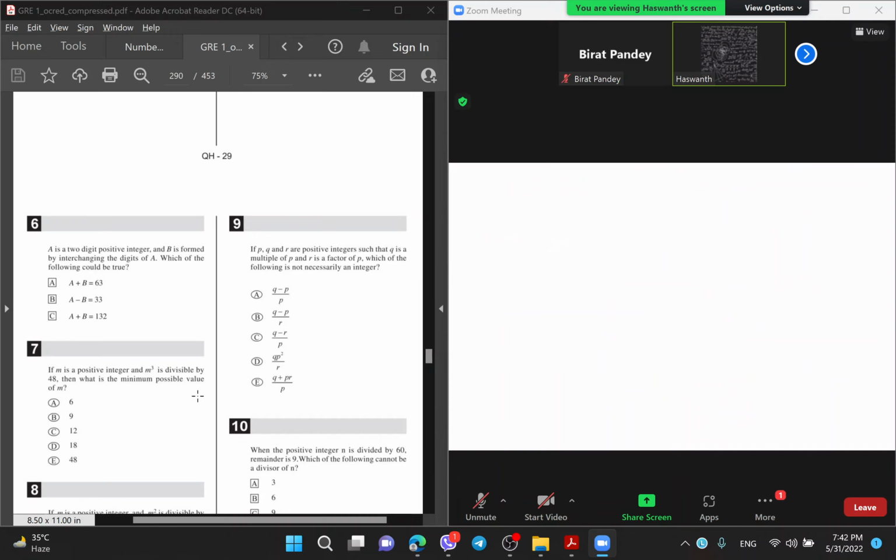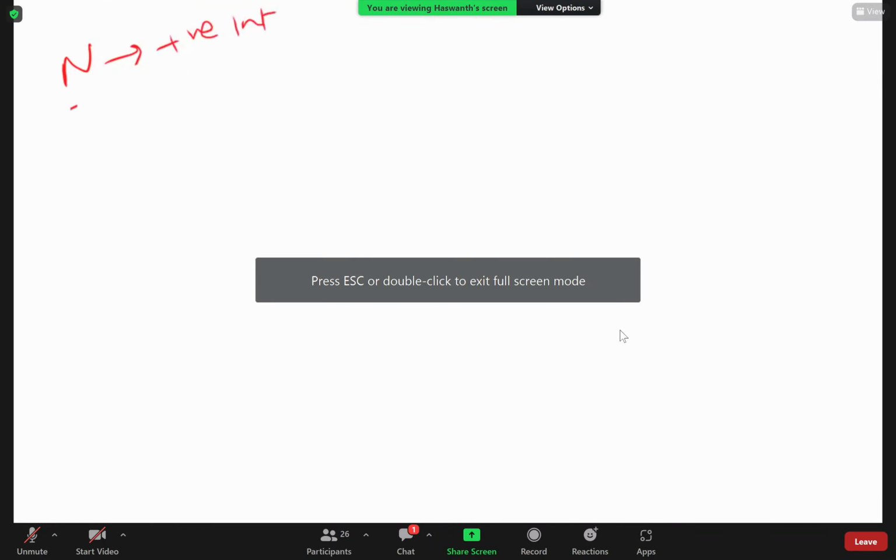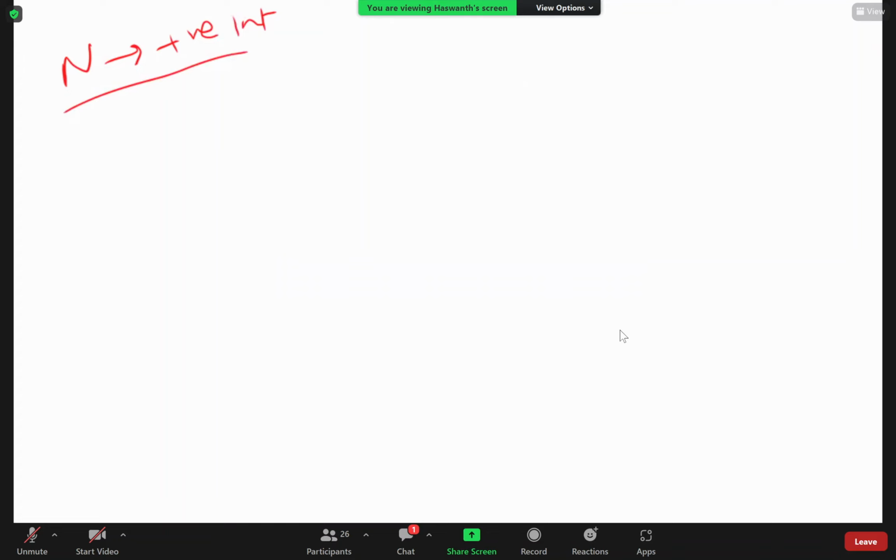Next, let us discuss a small concept. N is a positive integer. So here, when I say n, I'm considering only positive integers. N is a positive integer, and let's say n is divisible by 2. If n is divisible by 2, n by 2 must give us an integer.